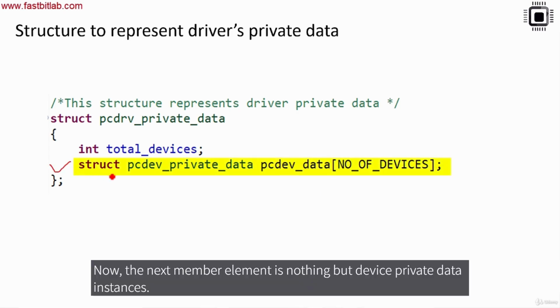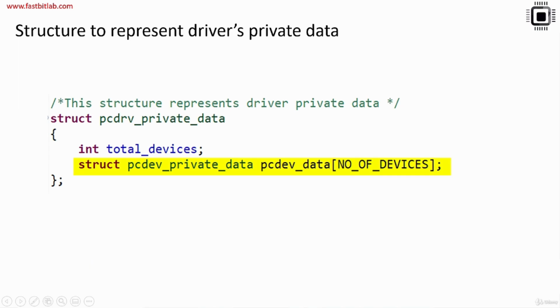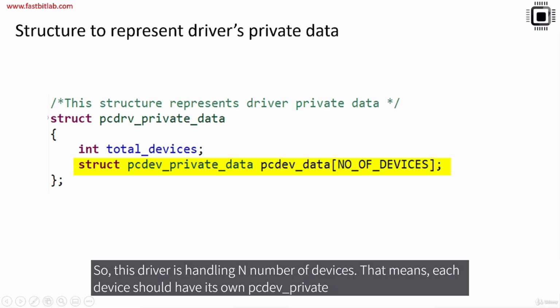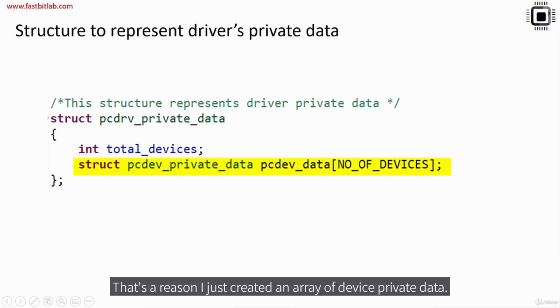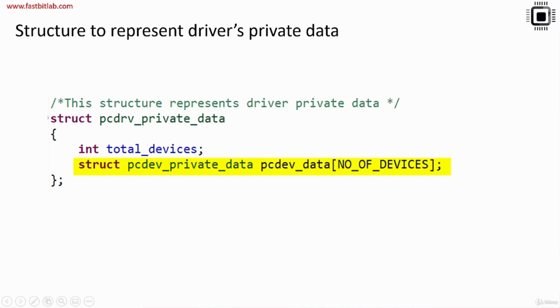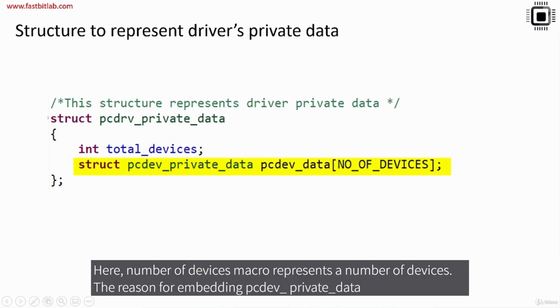Now the next member element is nothing but the device private data instances. So this driver is handling n number of devices. That means each device should have its own pcdev_private_data struct variable. That's the reason I just created an array of device private data. Here the number of devices macro represents the number of devices.